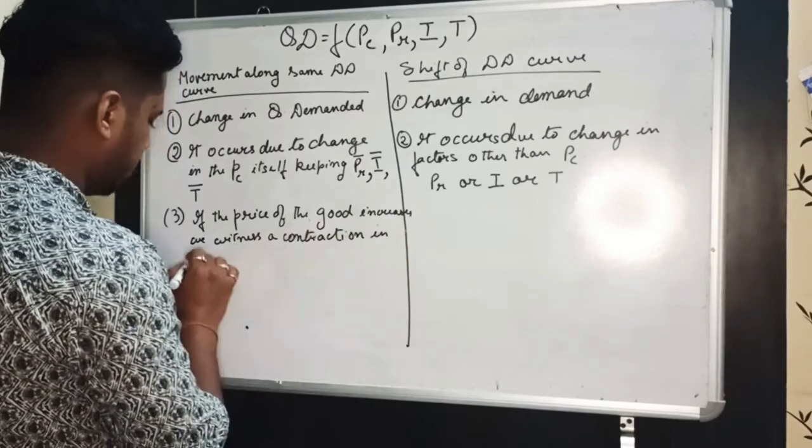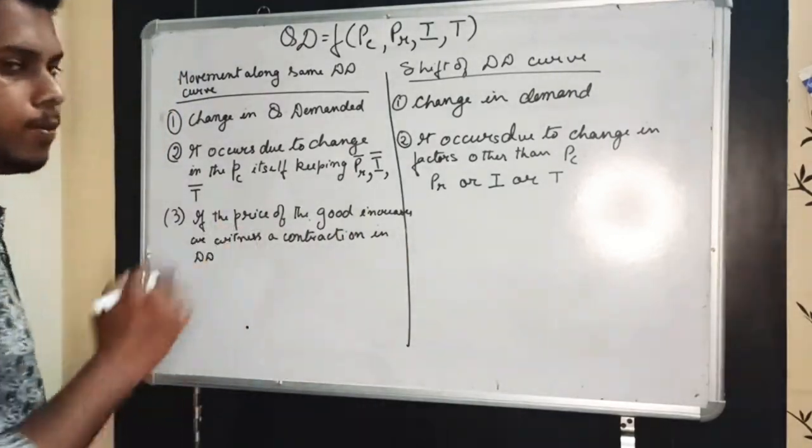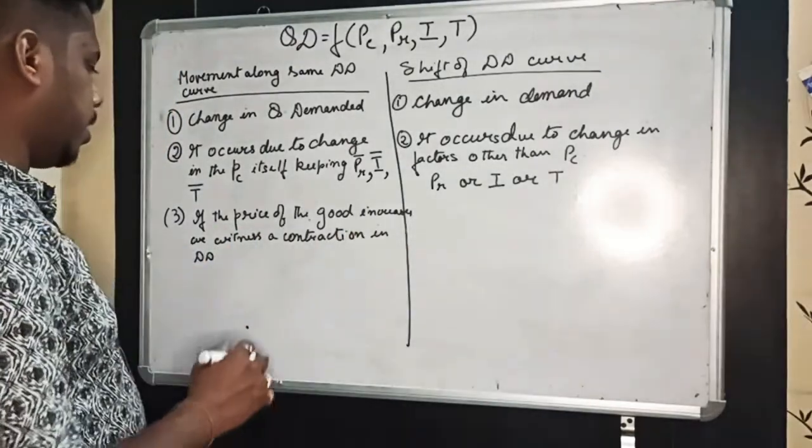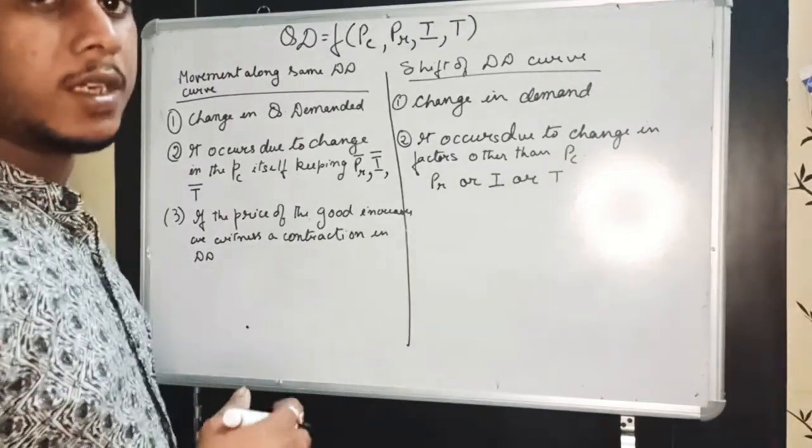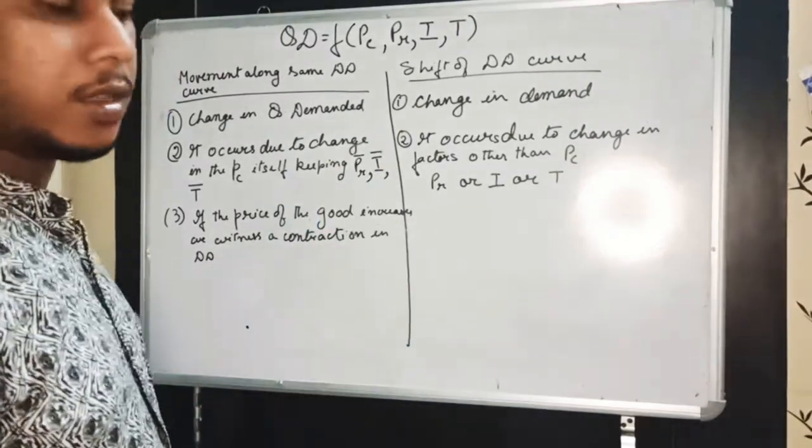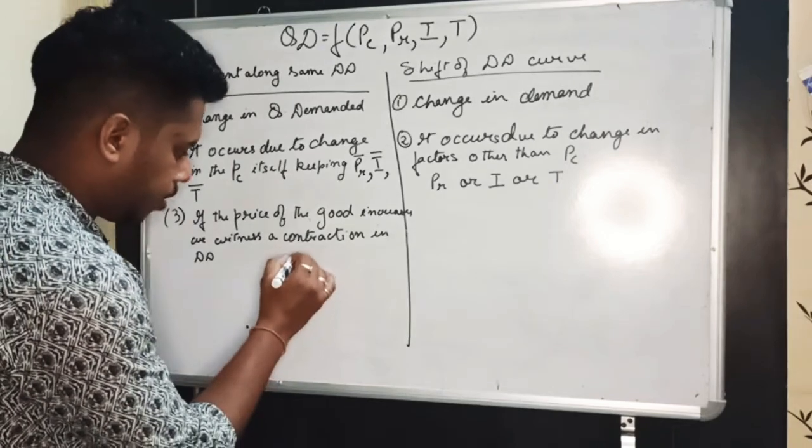We witness a contraction in demand. Okay. And how do we represent a contraction in a demand curve? We can see it with the help of a diagram.